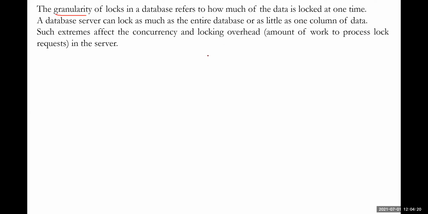So during concurrency, to control it, people normally operate locks. These locks might be operated by many users, and if many users operate these locks, then locking overhead will come across.